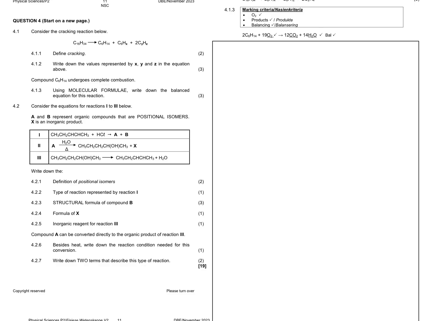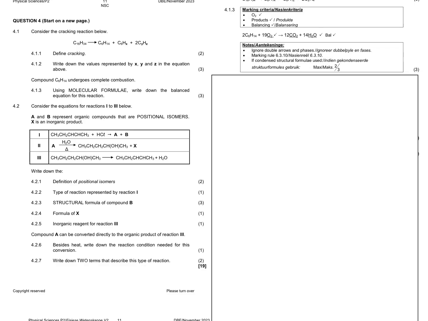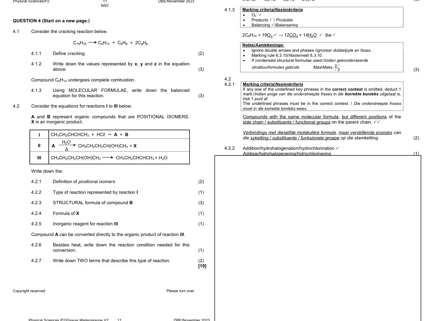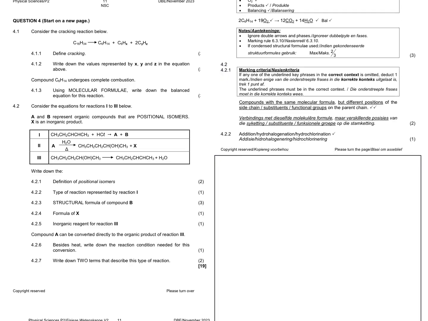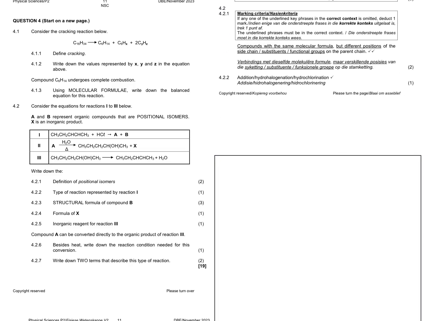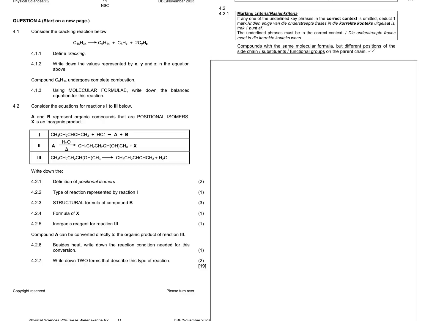What is a positional isomer? That's basically the numbers are different. So it's the compounds with the same molecular formula, but different positions on the side chain, substituents or functional groups on the parent chain. So it's the difference between butan-1-ol and butan-2-ol.